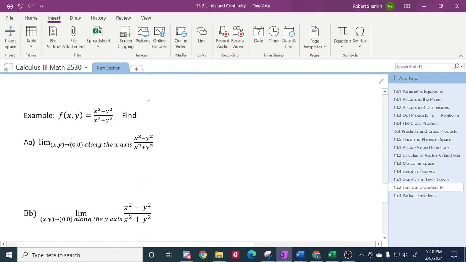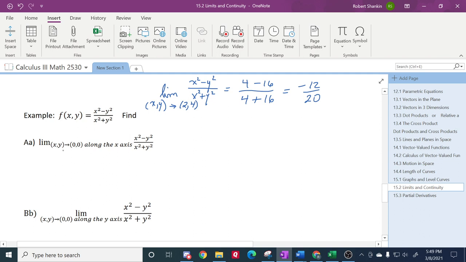If it was an easier problem, the limit as (x,y) approaches the point (2,4) of this function, all I do is plug in the values, when x is 2 and y is 4. To find any limit, you just plug in those values and see what you get.